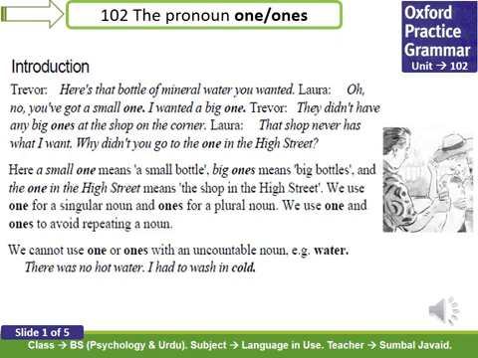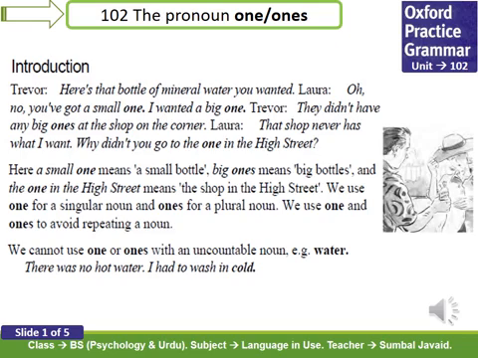At the shop on the corner. Laura: That shop never has what I want. Why didn't you go to the one in the high street? Here, one is showing the shop. At the start of the line, you can see what has been said: that shop never has what I want.